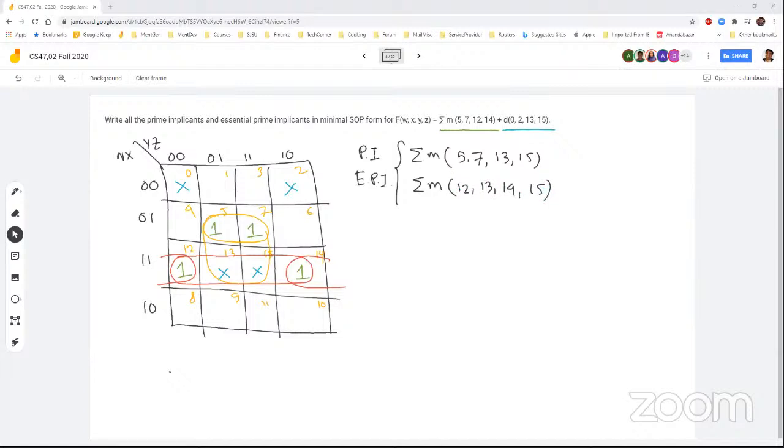So essentially my function w, x, y, z will become wx for this group, because in this group everything else is varying, and for this group x is staying at 1 and z is staying at 1. So this becomes xz. So that's my reduced form actually.